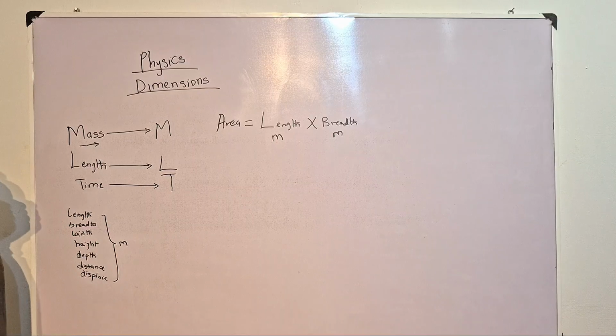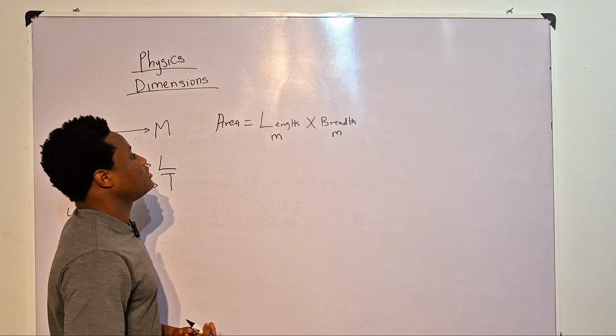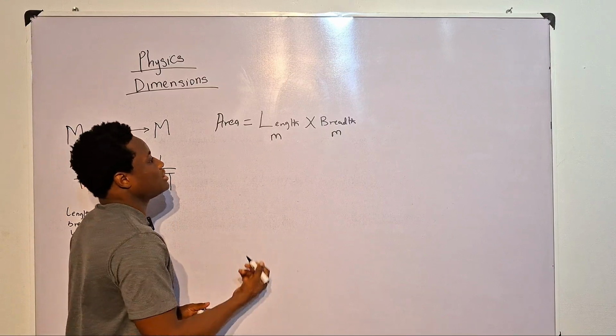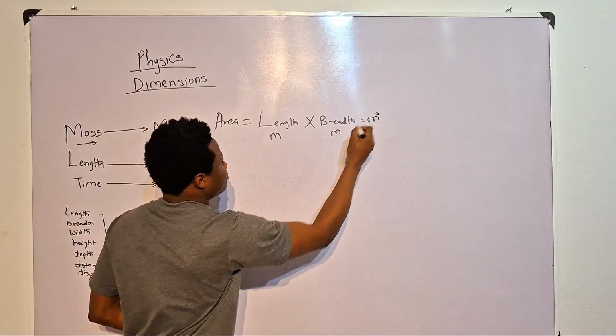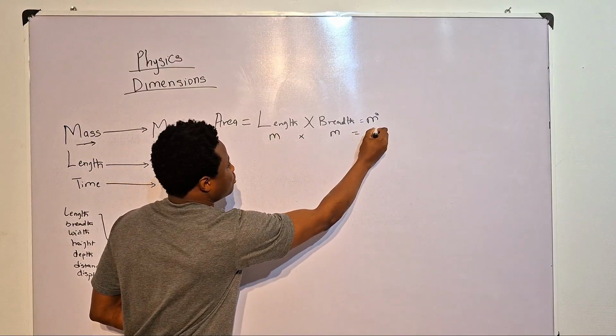So for area, the formula for area is length times breadth. And from our previous class, from our physical quantity, we said that the SI unit for area is meter squared, because m times m here will give you meter squared.